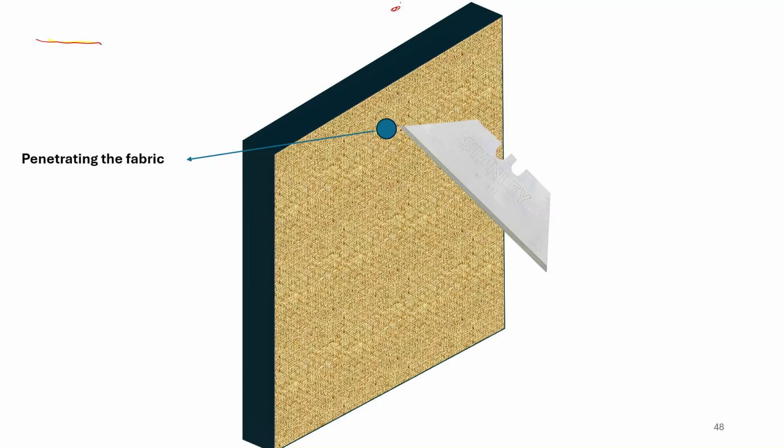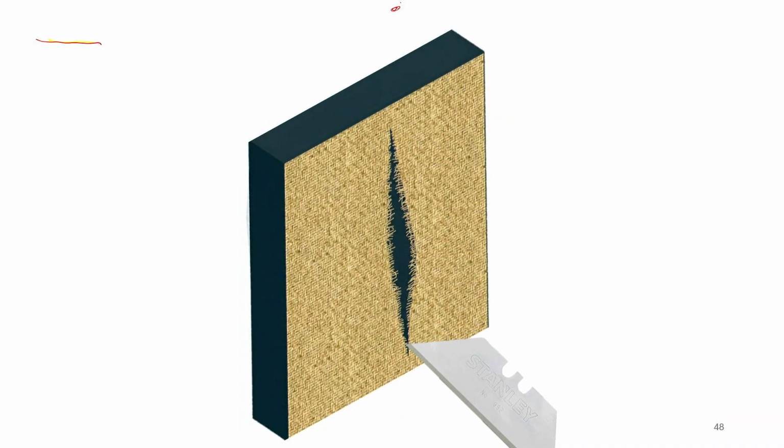This is the first point of contact, and here it penetrates the fabric with the help of this pointed tip, and then it will slash through the fabric. That means penetration will be there at the pointed tip, and then it slices through the fabric, which is the slashing action.